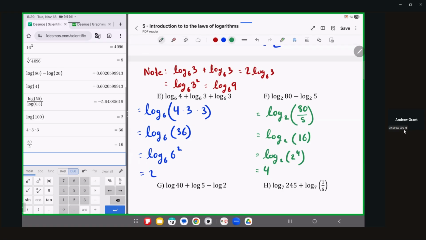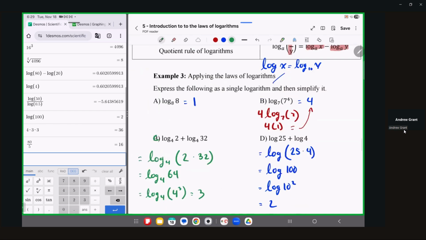Okay, so log base 2 of 80 minus log base 2 of 5 is the same thing as log base 2 of 80 divided by 5. So that'll become log base 2 of 80 divided by 5, which is 16. 16 we can rewrite as 2 to the power of 4 and simplify using our inverse property.